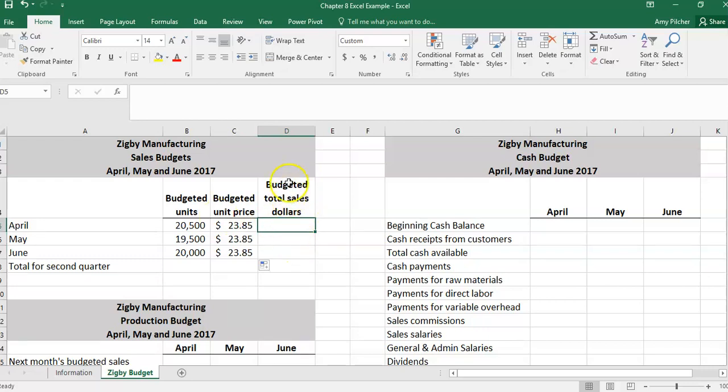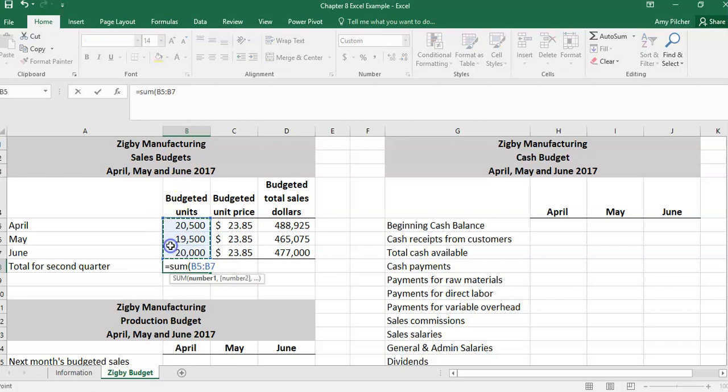In order to get our budgeted total sales dollars, we take the total number of budgeted units times the sales price per unit. Because that formula is the same for all three, we can take this corner and copy that formula down. We then want our total number of units for the quarter.